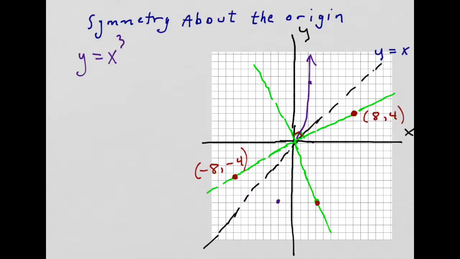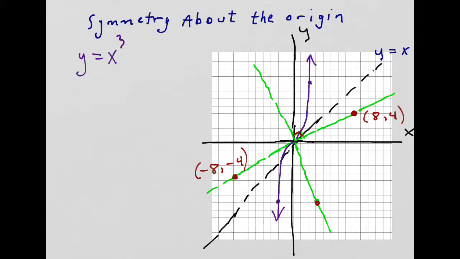This is the other piece of it. So this cubic function here, if you can imagine it rotated 180 degrees, what's going to happen is that this piece of it is going to wind up covering this piece of it.